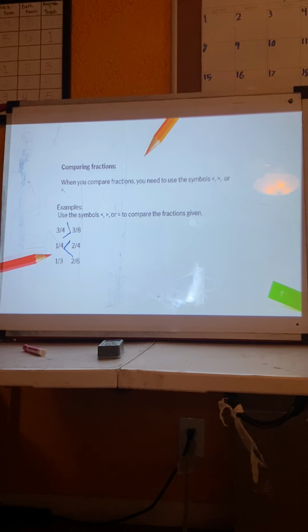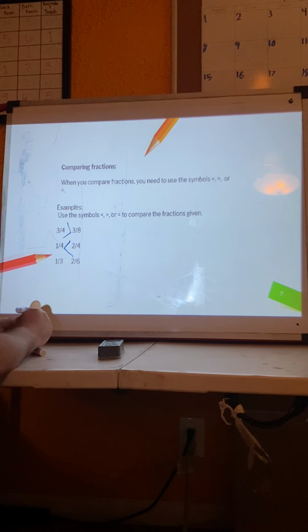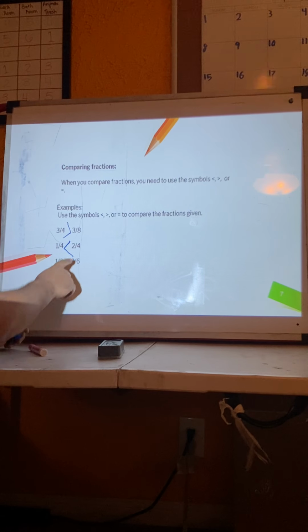Now, let's take a look at 1/3 and 2/6. Whenever we're comparing fractions that have a different numerator and a different denominator, we need to find a relationship between both of those. Okay?